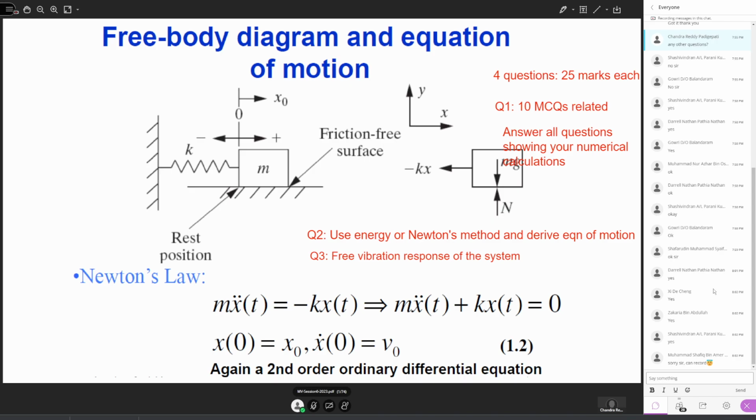Okay, then question 4 will be forced vibration, with amplitude transmissibility. Okay, so related to amplitude transmissibility or the force transmissibility issues.